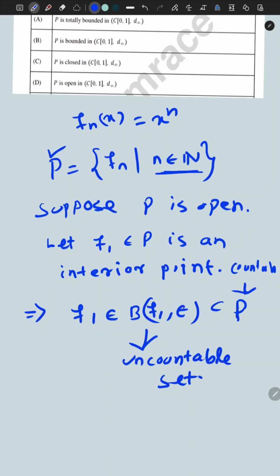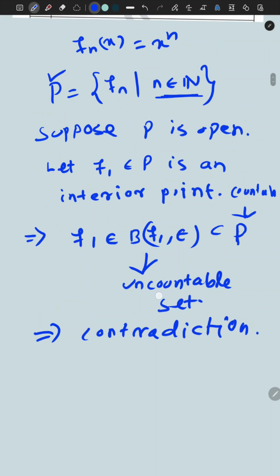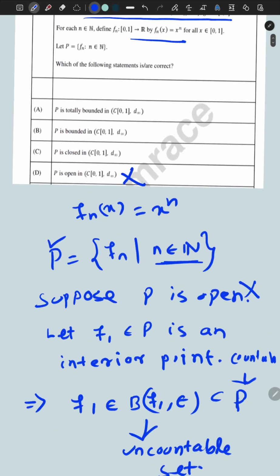This is saying that an uncountable set is a subset of a countable set. This cannot be possible. This is a contradiction. So our assumption is wrong, meaning P cannot be open. So option D is false.